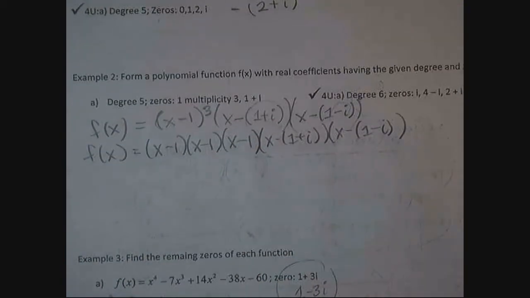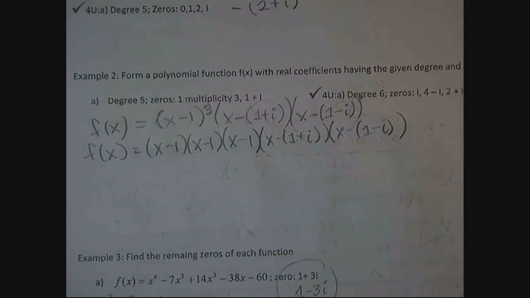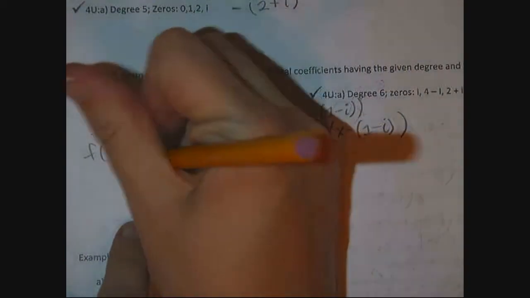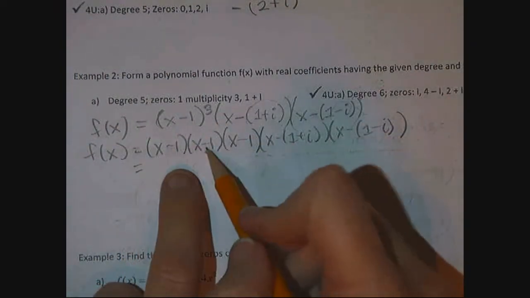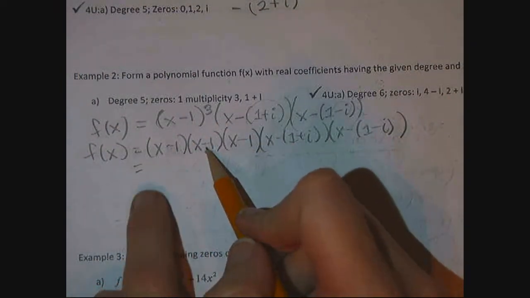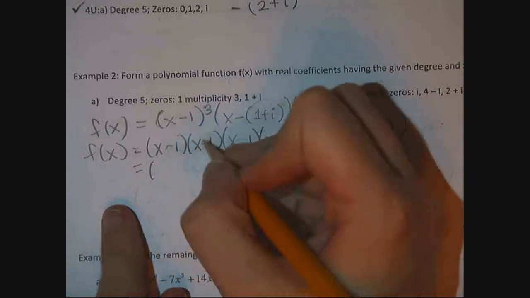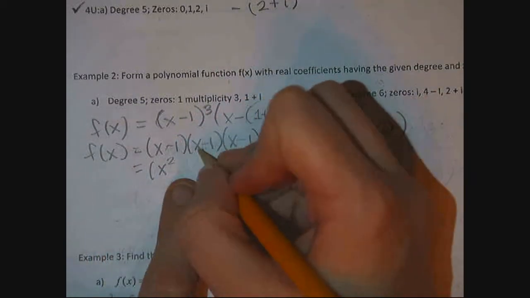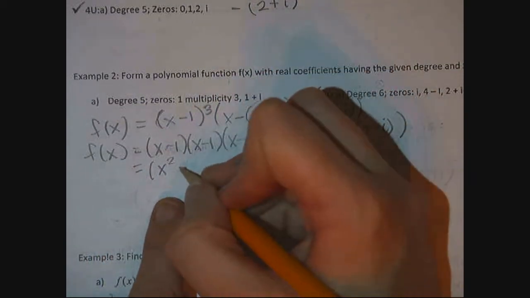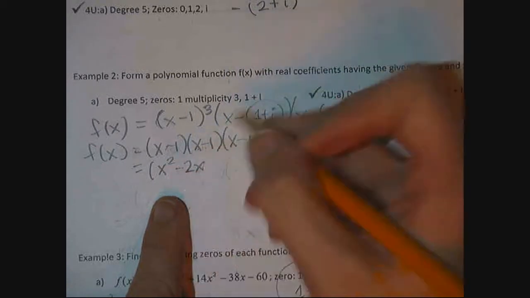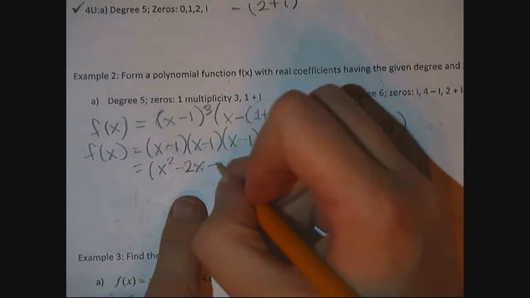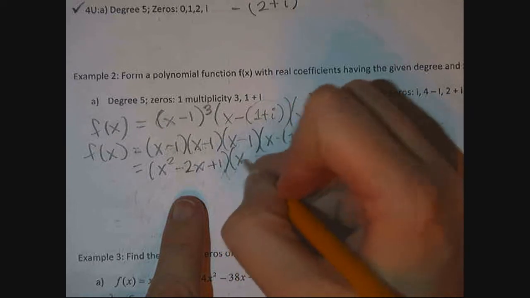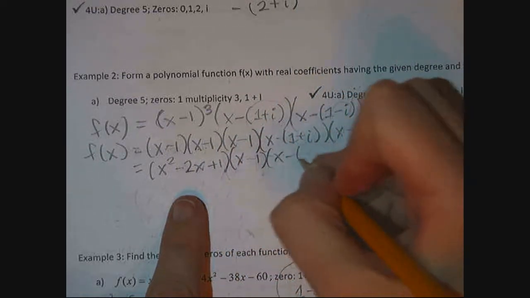Okay, so all my pieces written out, and I can start my long process of FOILing. So x minus 1 times x minus 1 gives me x squared minus x, minus x gives me negative 2x. Negative 1 times negative 1 gives me positive 1. So first FOIL completed.